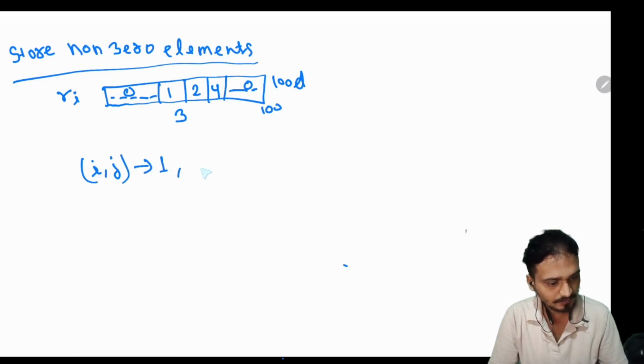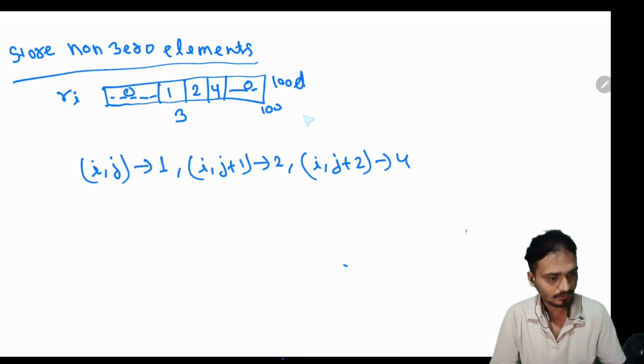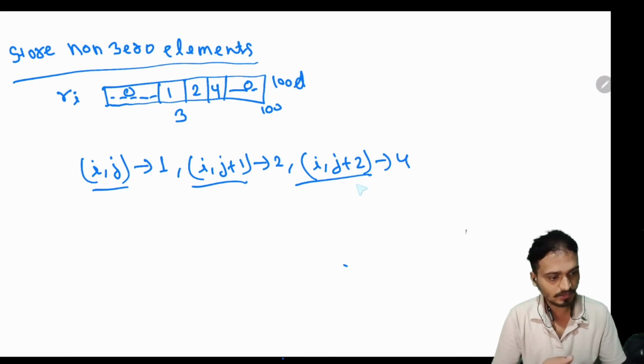Then at the place of I comma j plus 1, since these are continuous elements, we will store 2, and then at I comma j plus 2, we will store 4. So instead of storing all the elements, we only store the non-zero elements, and the remaining will be discarded, since we know that the remaining is just 0. So why not store only non-zero elements?